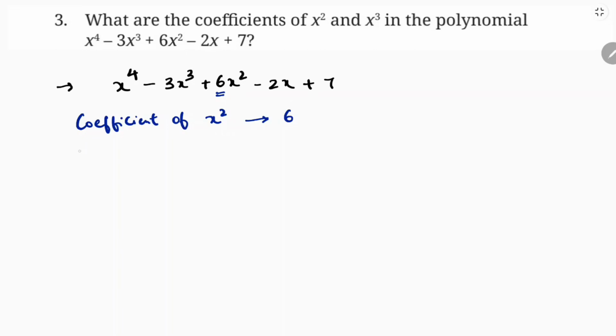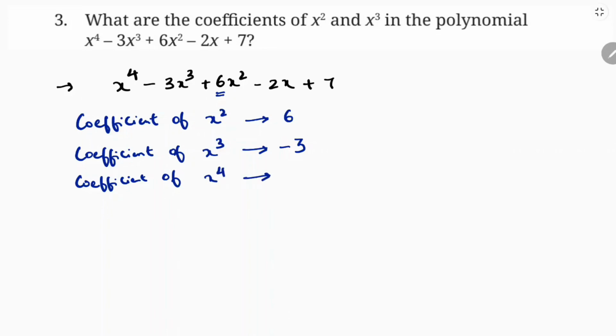Next they ask the coefficient of x cube. In a hurry, some children will write 3, but compulsorily we need to take the minus sign. So the coefficient of x cube is minus 3. Here they didn't ask, but I'll write the remaining terms also. The coefficient of x power 4, if they ask, is 1.